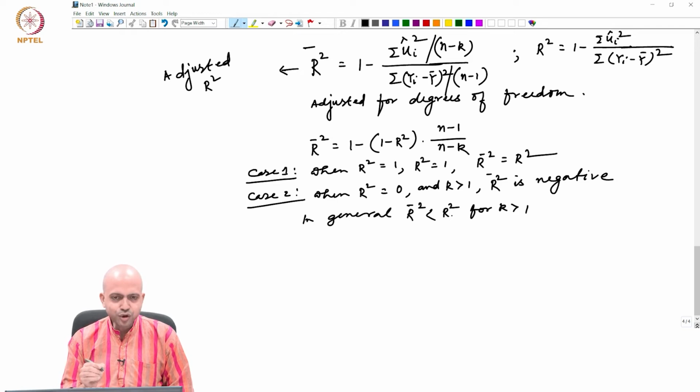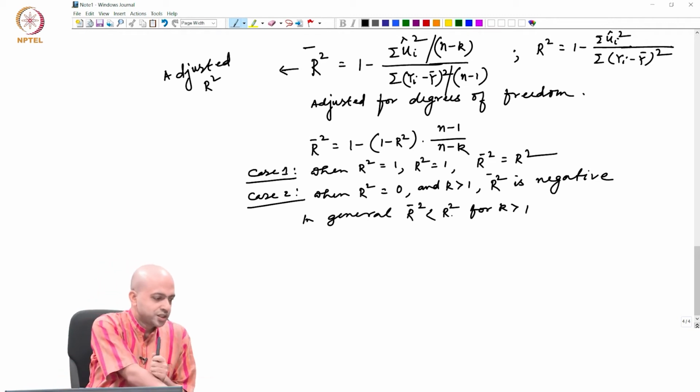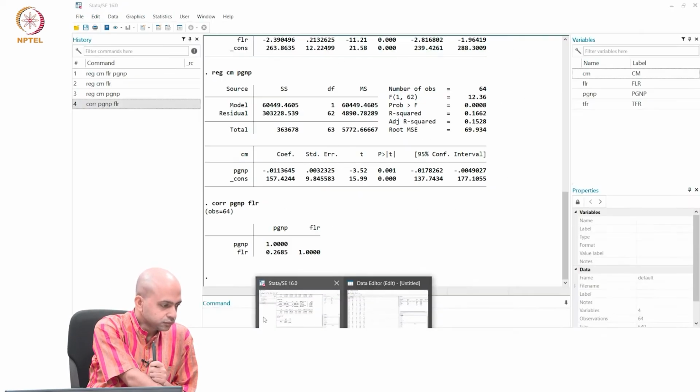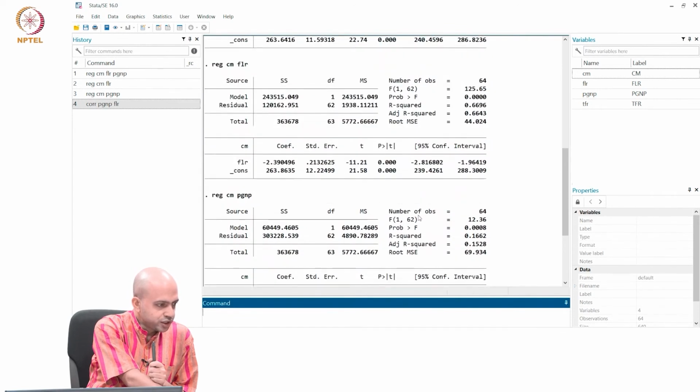Now, the question is, among these two goodness of fit measures, which one is best? Econometricians say that nothing is better than the other one, rather we need to report both r square as well as adjusted r square when we compute the model. For example, when you estimate the model, your model is giving r square as well as adjusted r square, and you see adjusted r square is always lower than the r square.